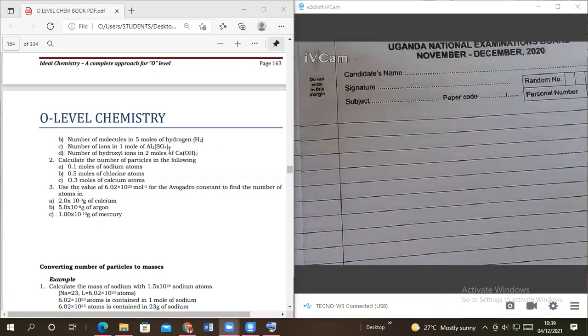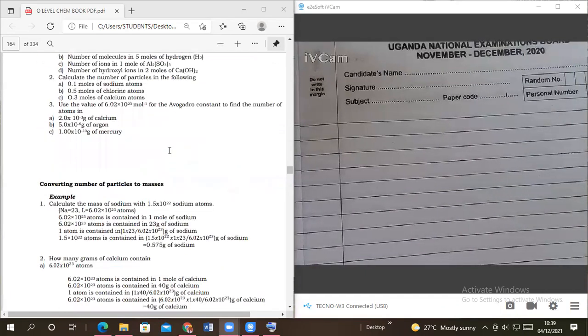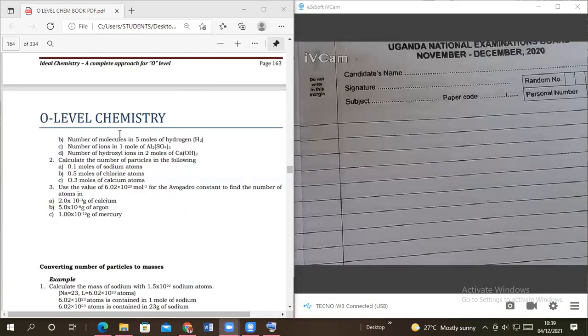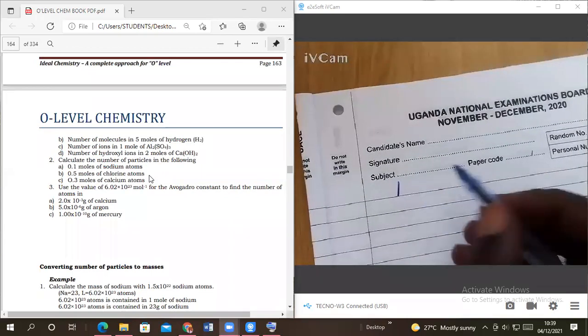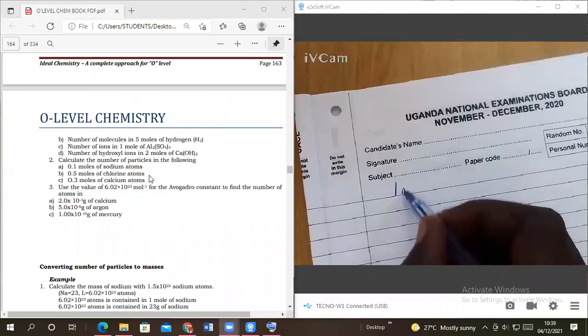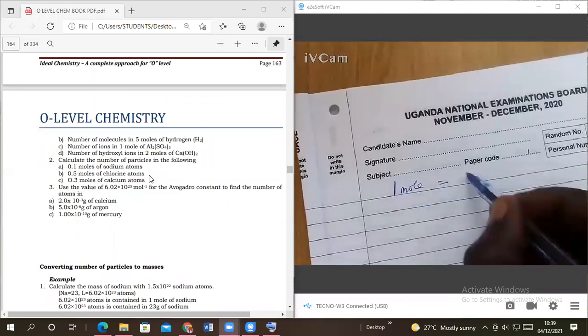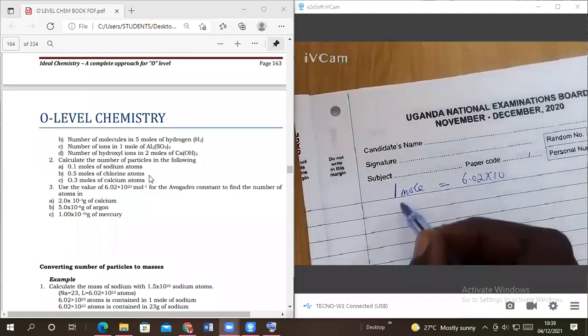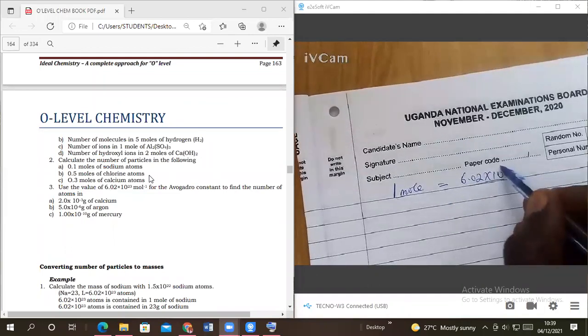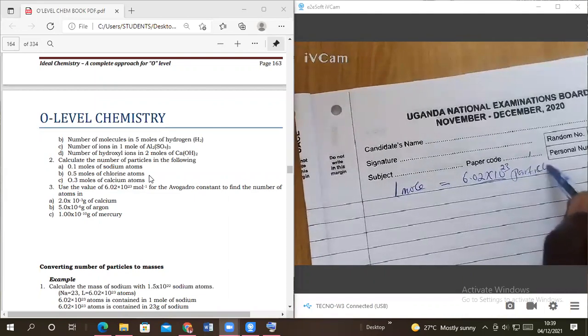Now, when such numbers come, please just use the comparison that 1 mole. In our summary, that's what you do in mole concept. 1 mole is equal to 6.02 times 10 to the power 23 particles. If the question comes in terms of particles and moles, this is the conversion you need. That's the first statement for you to write.